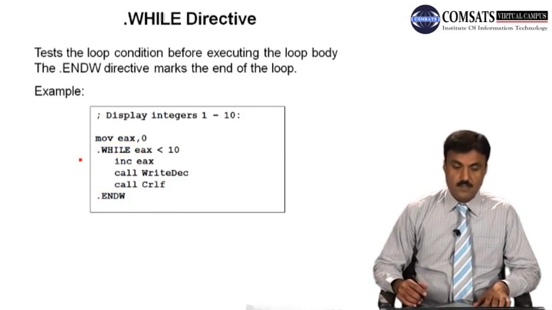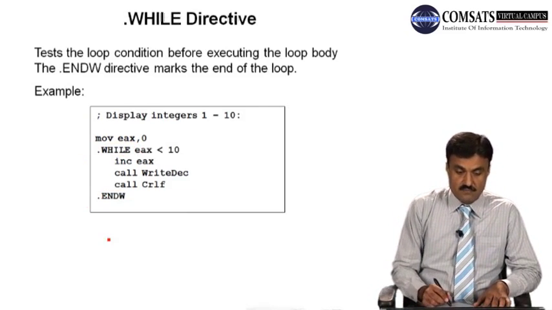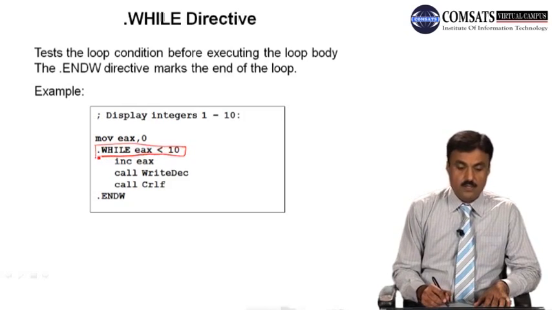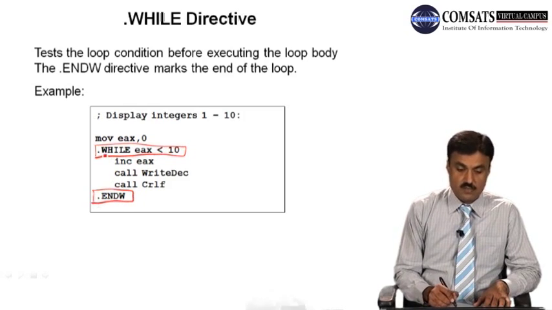On the other hand, we have the while directive and the .endw directive. This is almost similar, but the condition is checked before the loop starts. For example, at the start of the loop, first we check the condition: while eax is less than 10.